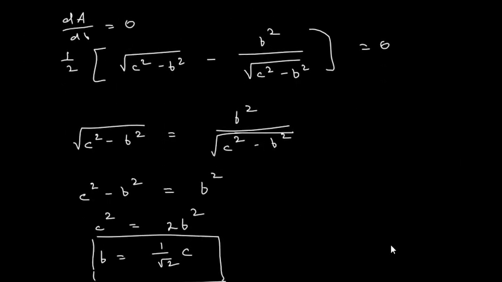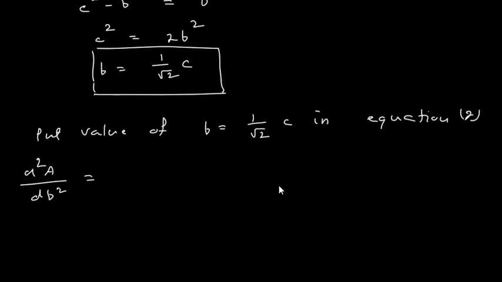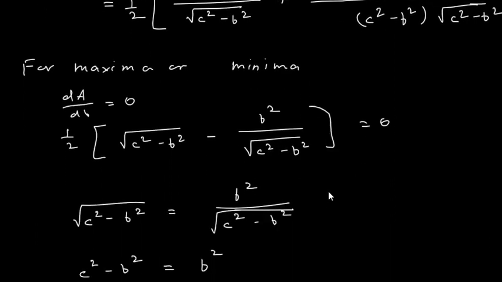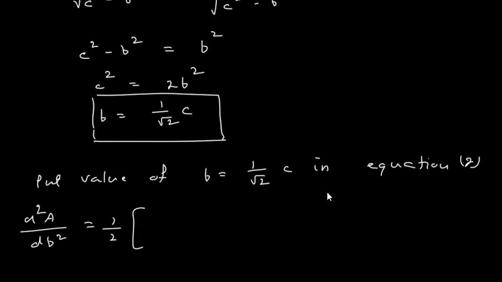First it is 1 upon 2, so the constant 1 upon 2 we will write as it is. Then we have minus b upon root of c square minus b square. So c square minus b square, c square I will write as it is, minus, there are two things, either I convert b in terms of c or c in terms of b.